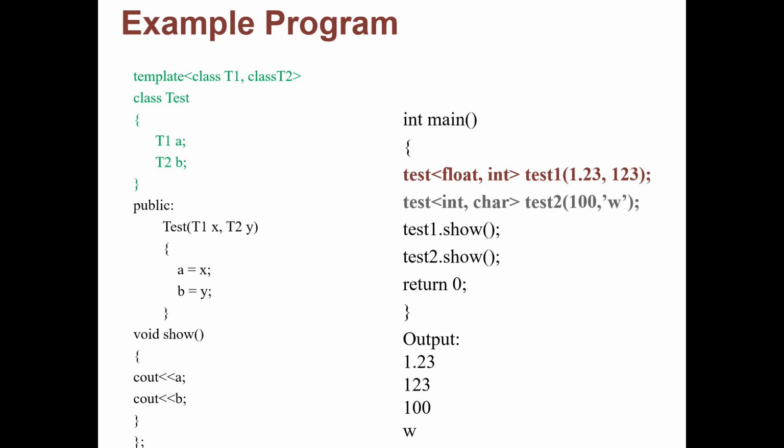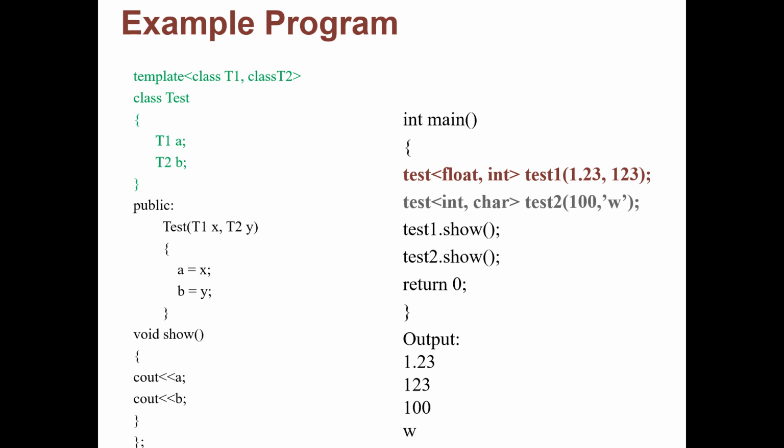Okay. In this example, the Test class template lets you create objects that can hold data of any two types. When you create an object of Test, you specify the types you want to use: float, int, character, etc. So here in main, two different objects are created, test1 and test2.